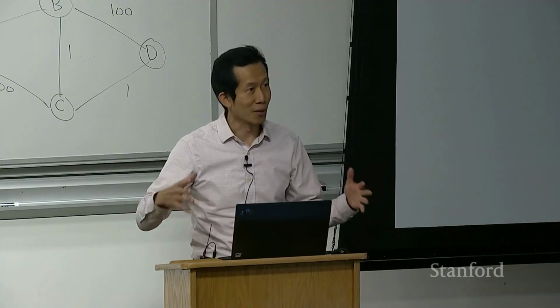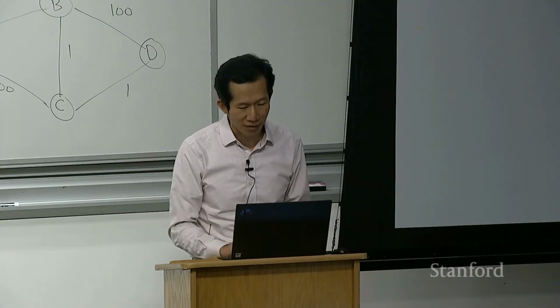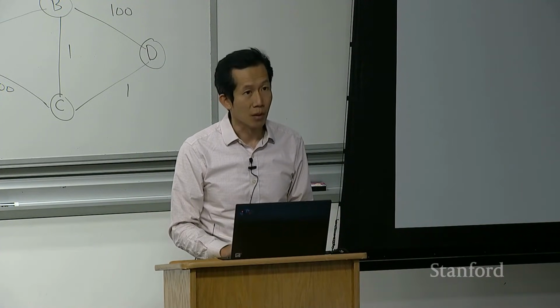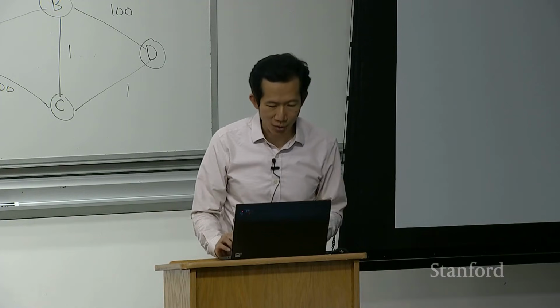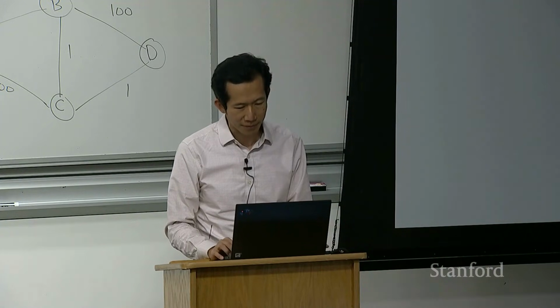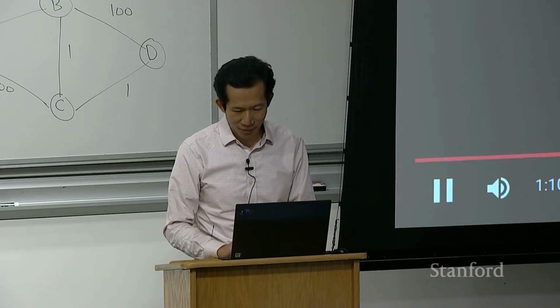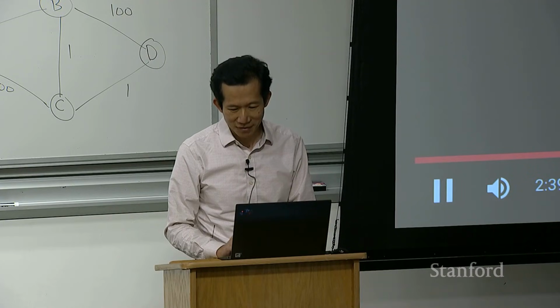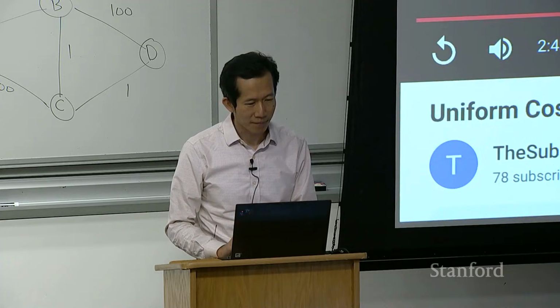And eventually, you'll get to the end state if your graph is connected. So hold on to this. We'll come back to this picture when we look at A star. We can go a little bit farther, and eventually it will get to the end. There you go.